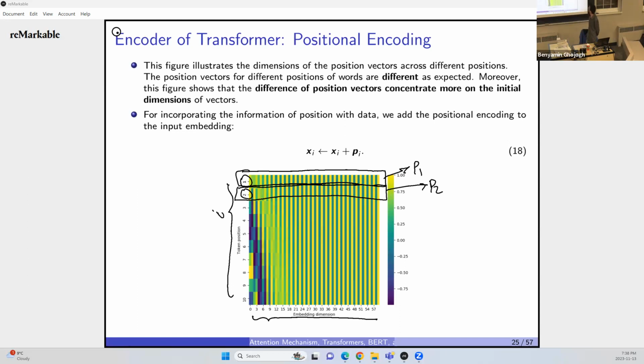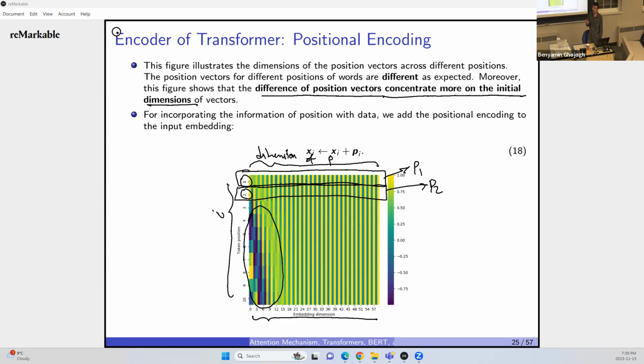And another interesting thing is that the difference of position vectors concentrate more on the initial dimensions of position vectors, right? Agreed? As you see, most difference is here, usually initial dimensions of the position vectors, right? Okay, and that sine and cosine makes this difference.